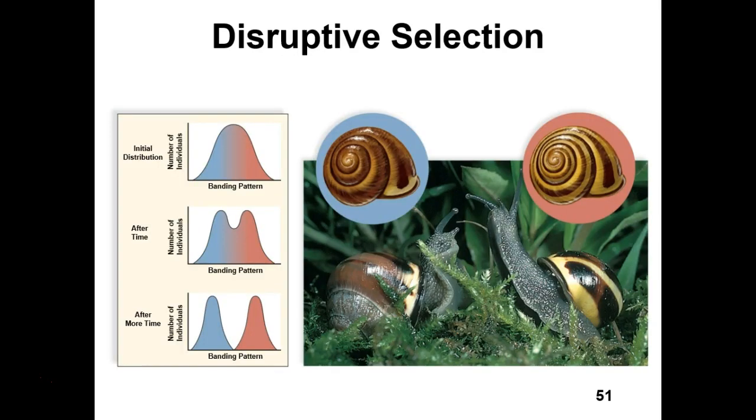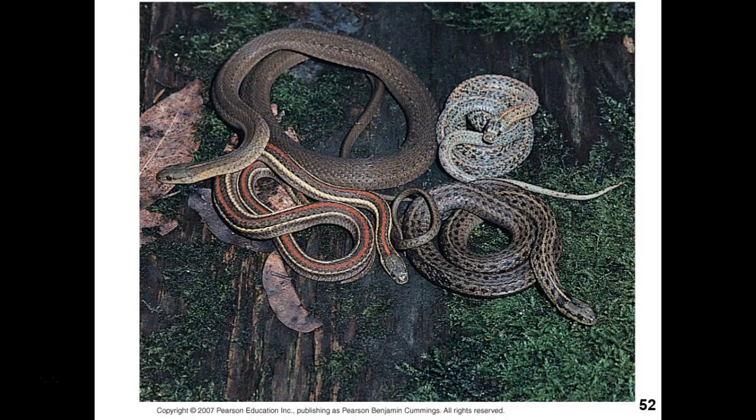And so what we typically look at are snails. So we have snails that can blend in with, in this case, a grassy environment, and snails that can blend in with a sandy environment. But an intermediate would not be very effective because they would be picked off in both environments.